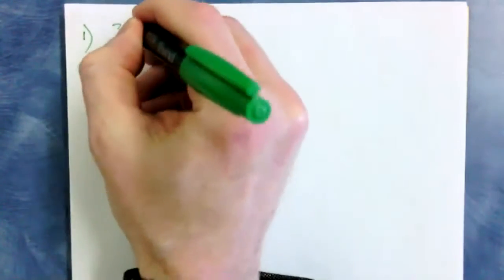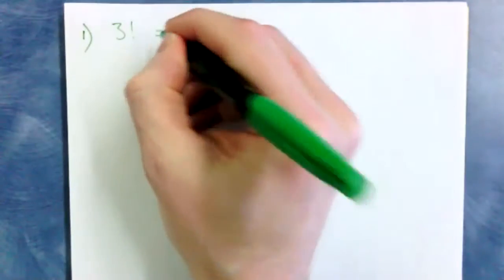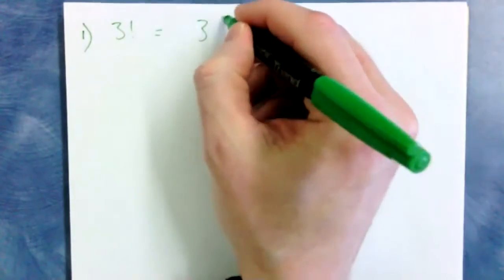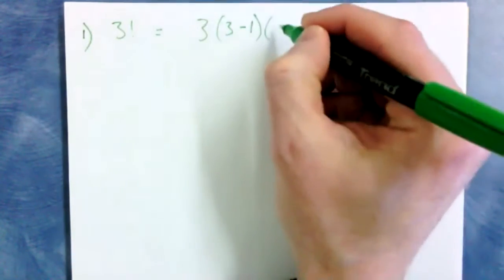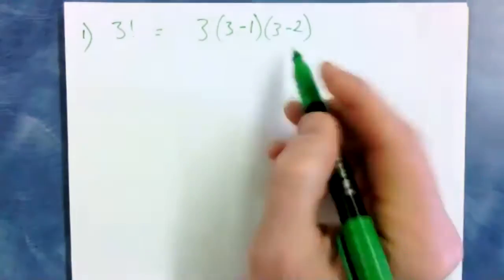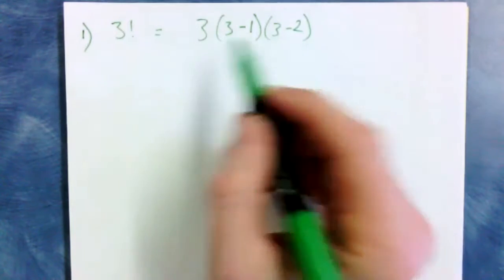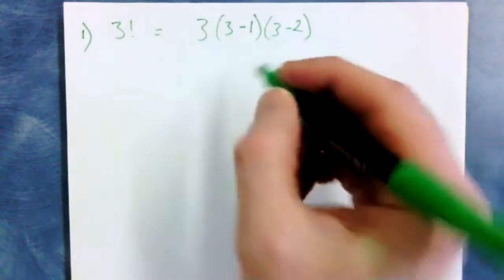Okay, anyways, examples with solutions. Question number 1, I'm going to jump through these. I won't do them all. 3 factorial. Basically what that means is 3 times 3 minus 1 times 3 minus 2. I don't expect you to write it out this way, but this is what it means. And 3 minus 2 is 1.